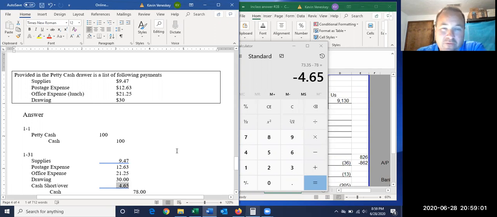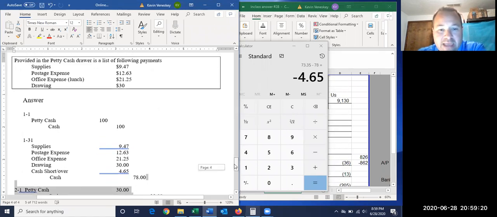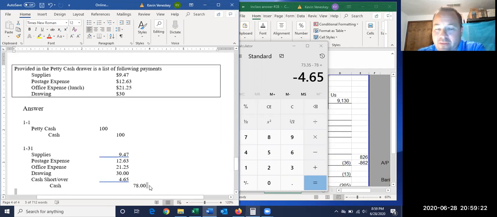It's called a little bit different depending on which book you use in terminology, but typically a lot of times it's called cash short and over. Now notice here, you could call this petty cash and then make a separate entry, but we're gonna combine that and only do one entry and show that we're gonna replenish our petty cash account at the end of the month.